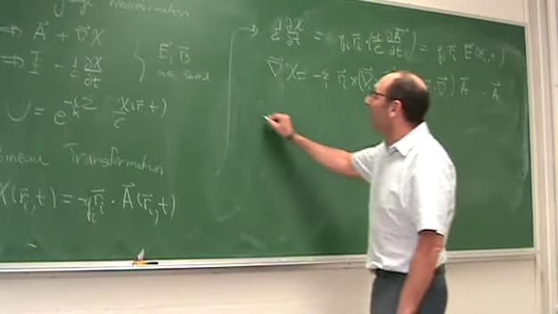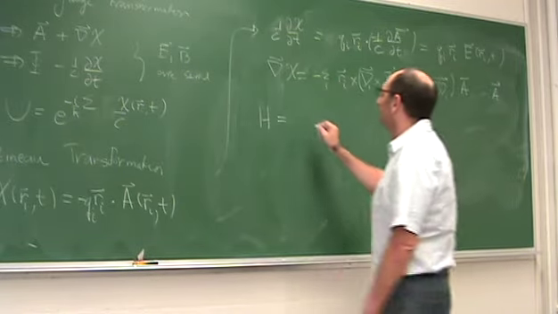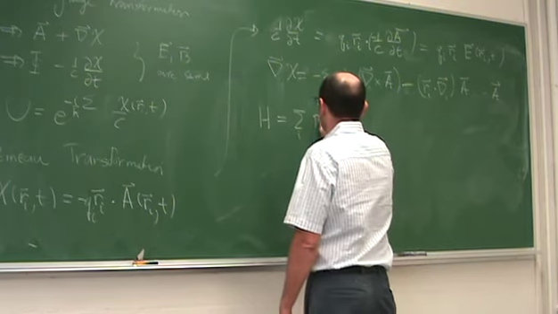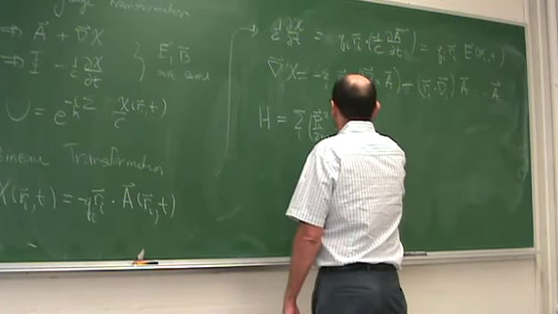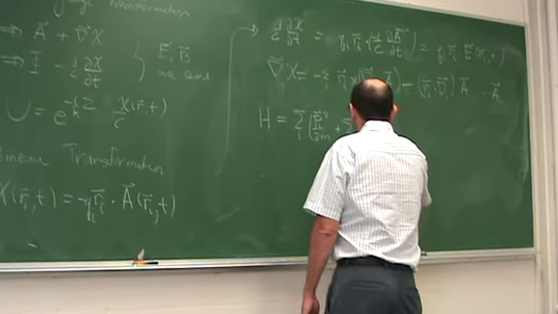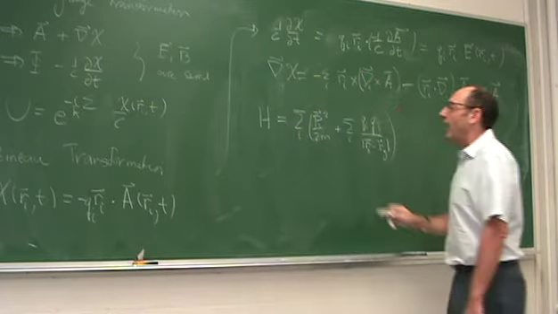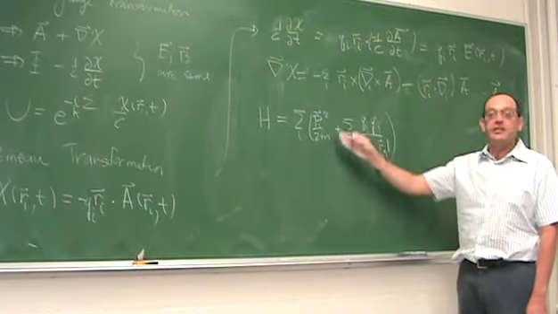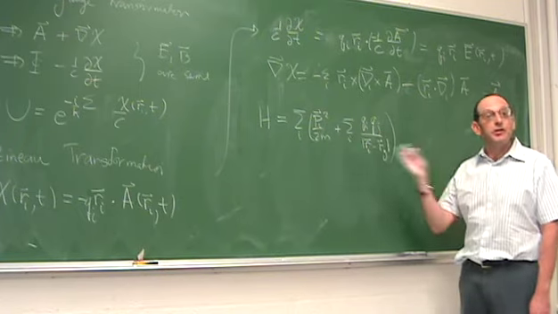When I put that together in this new gauge, I have the original atomic Hamiltonian, looking at the kinetic energy of all the charges and the Coulomb interaction between all the charges.